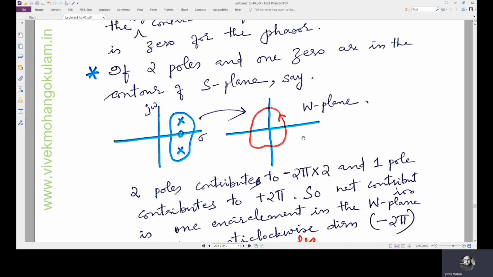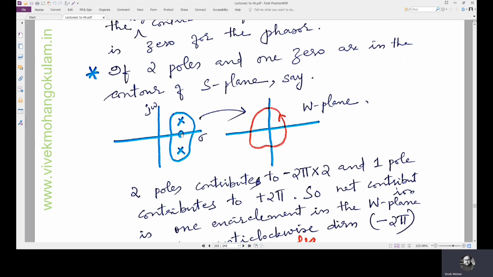If two poles and one 0 are in the contour of the S plane, then what will be the corresponding encirclements in the W plane? Suppose we have a contour here and two poles are shown and one 0 is shown, right? So how many encirclements are there in the W plane? For these two, what are the corresponding encirclements in the W plane? Plus 2 pi each, right?